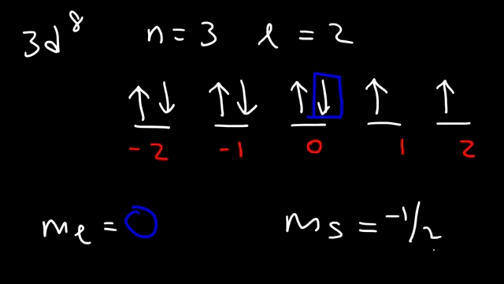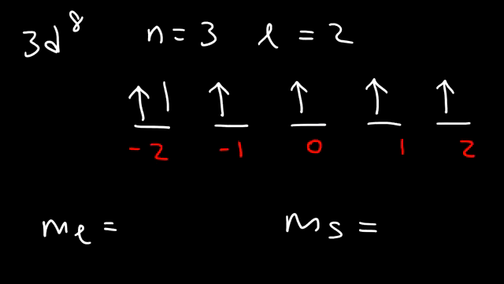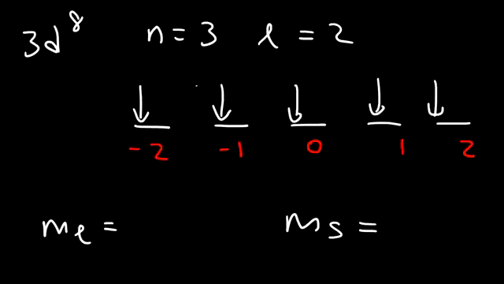But now you might be wondering, what if we started with down arrows as opposed to arrows facing upward? So this won't affect your ml value, but it will affect your ms value. So this is 1, 2, 3, 4, 5, 6, 7, 8.